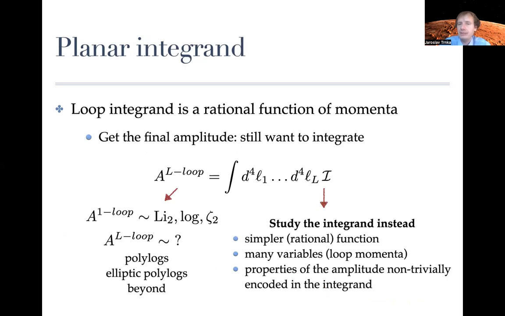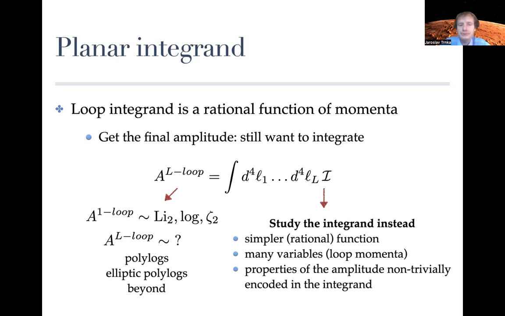Once we integrate our integrand, we get some complicated function, because the functions that we get in the loop integrals beyond one loop are in general unknown. At one loop we know what type of functions we get: some dilogarithms, logarithms, some transcendental numbers, some zeta values.